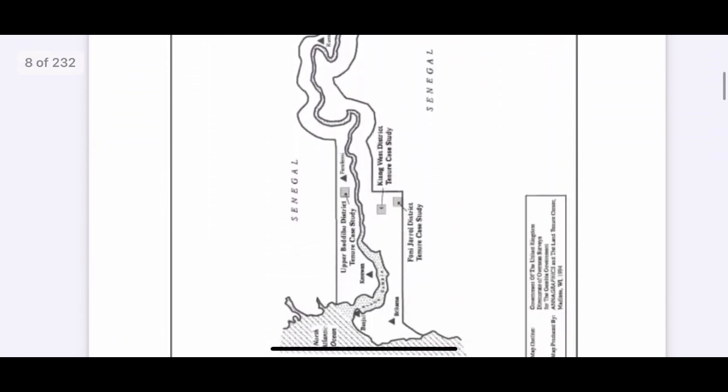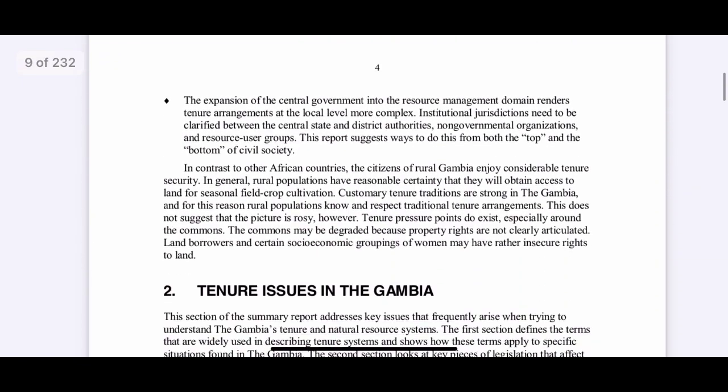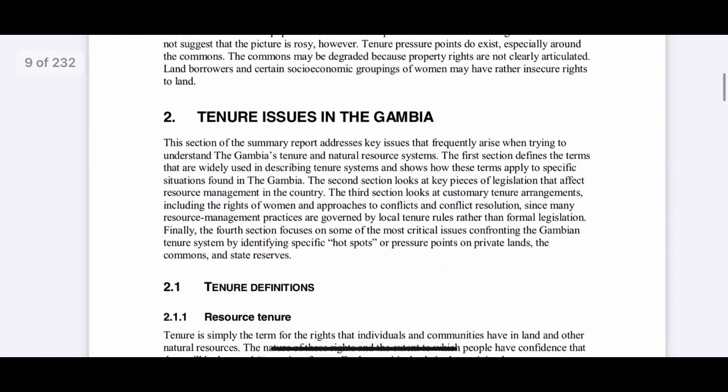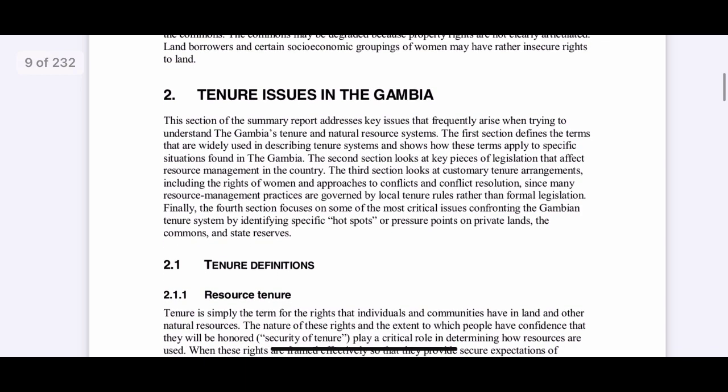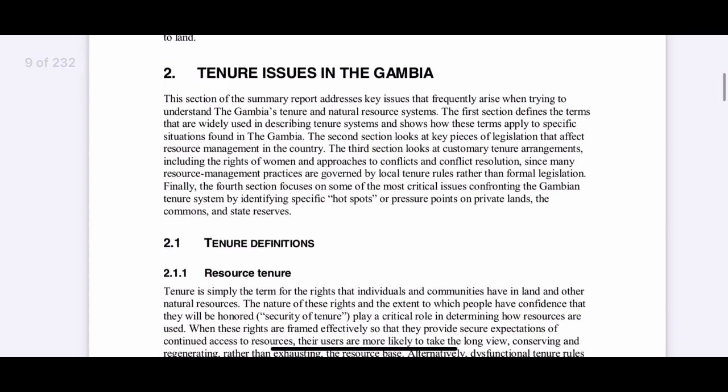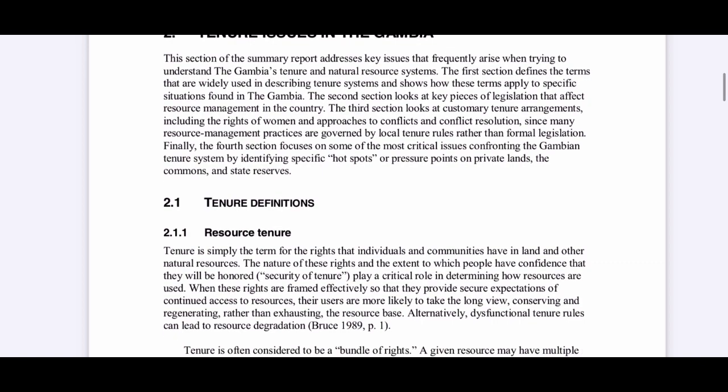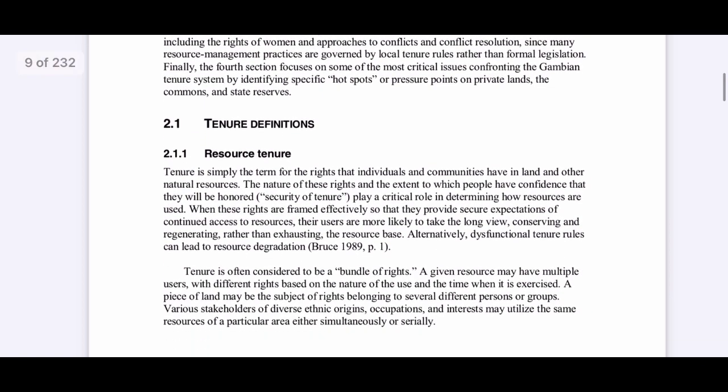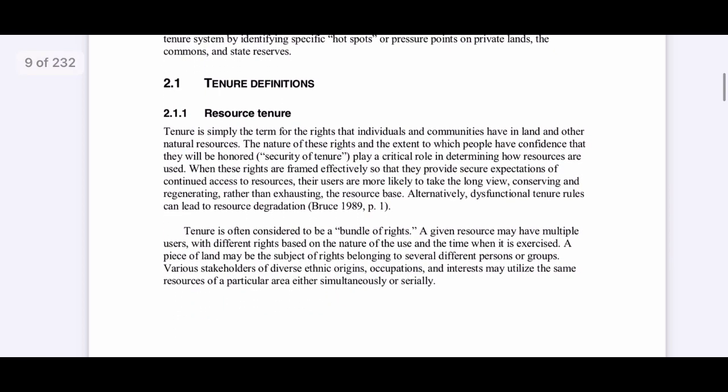When these rights are framed effectively so that they provide secure expectations of continued access to resources, their users are more likely to take the long view, conserving and regenerating rather than extinguishing the resource base.